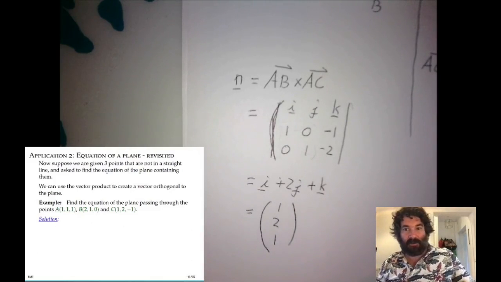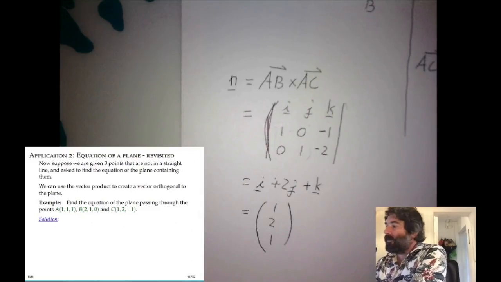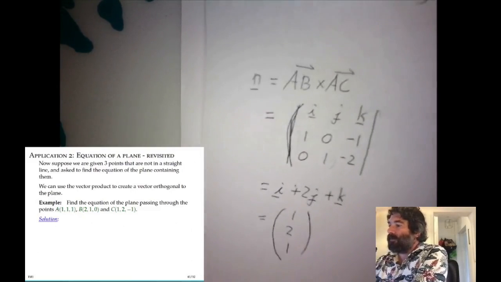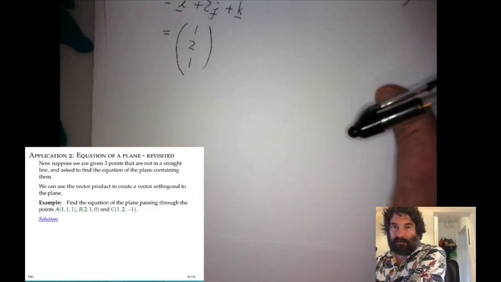All right, so here's the normal vector, and now we have to remember back to the previous video about how we wrote down the equation for a plane when we know the normal vector and a point in the plane.